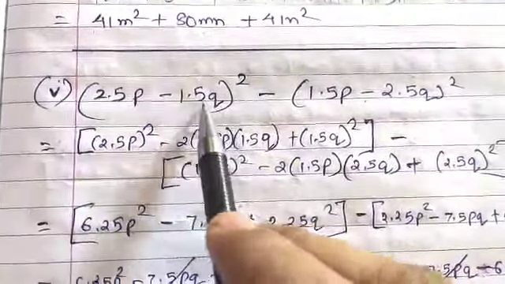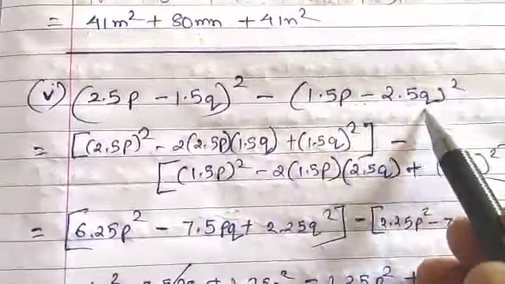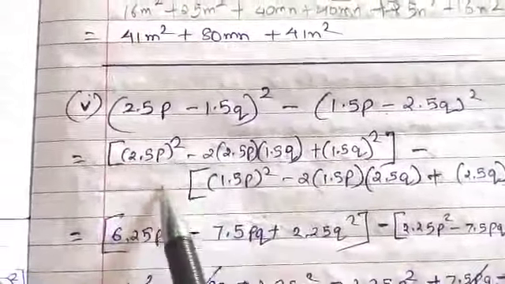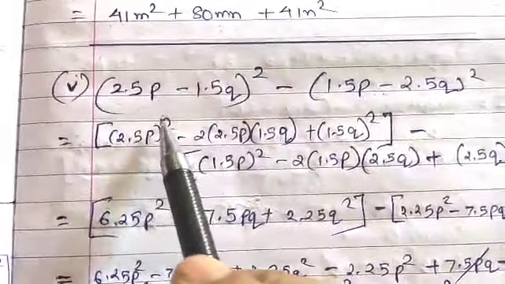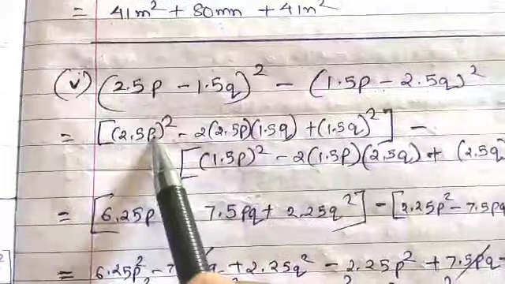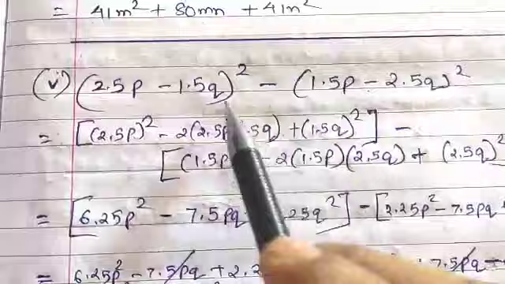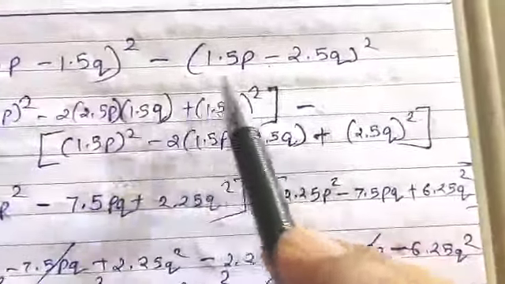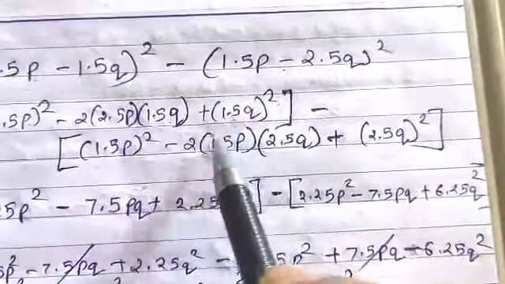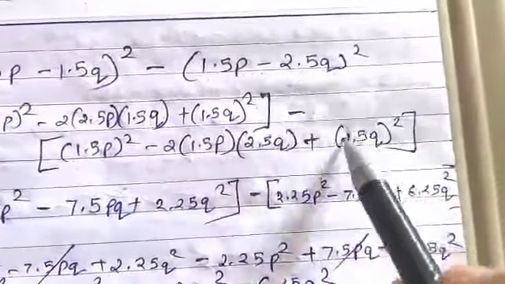(2.5p − 1.5q)² − (1.5p − 2.5q)². Now solve this by applying the identity (a − b)² = a² − 2ab + b², that is (2.5p)² − 2 × 2.5p × 1.5q + (1.5q)². Then put a minus sign and in another bracket make a square of (1.5p)² − 2 × 1.5p × 2.5q + (2.5q)².